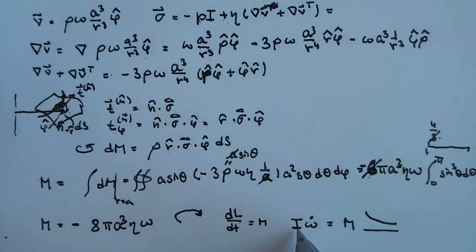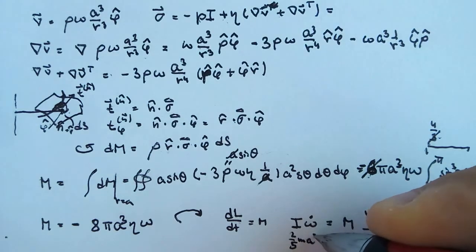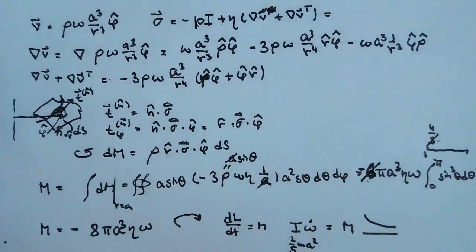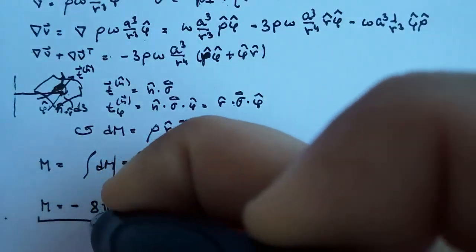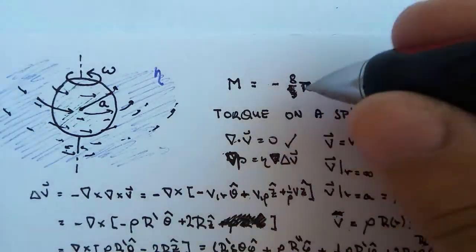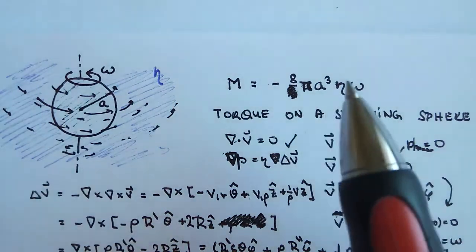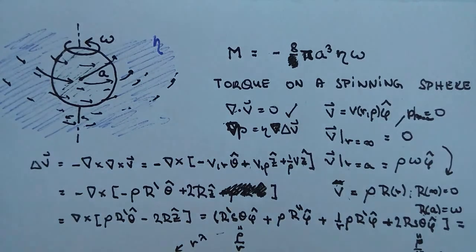There is the inertia of the sphere, which is 2 over 5 m a to the 2nd power. And this is the result we were supposed to show, and I think there is a mistake in the writing. The actual moment is minus 8. I'm sorry for that. This is the moment exerted on a sphere, minus 8 pi a cubed eta times omega.